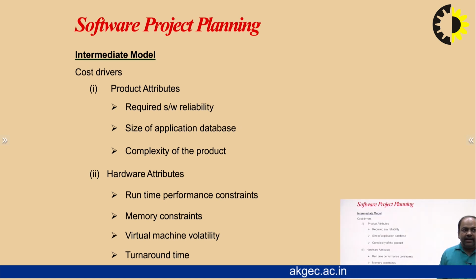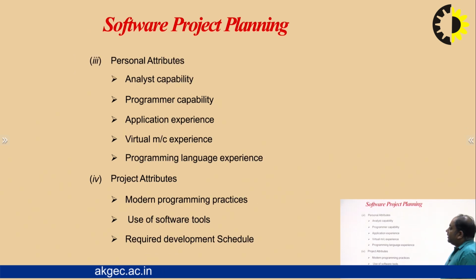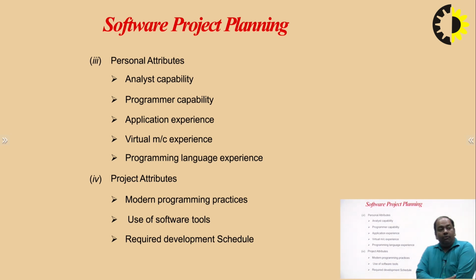Now the second is hardware attributes, in which there come runtime performance constraints, memory constraints, virtual machine volatility and turnaround time. Next is personnel attributes, which consist of analyst capability, programmer capability, application experience, virtual machine experience and programming language experience. Fourth is project attributes, which has modern programming practice, use of software tools and the required development schedule.